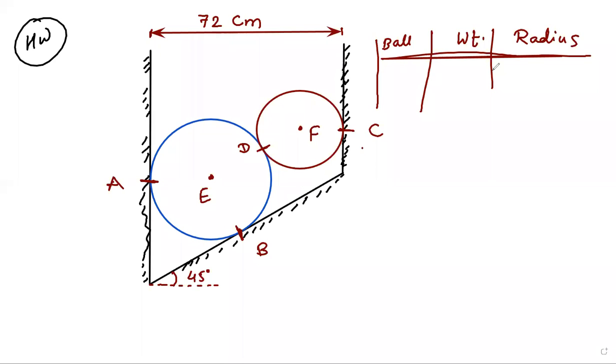Radius of E and F. Weight of ball E is 160 Newton, and F is 140 Newton.